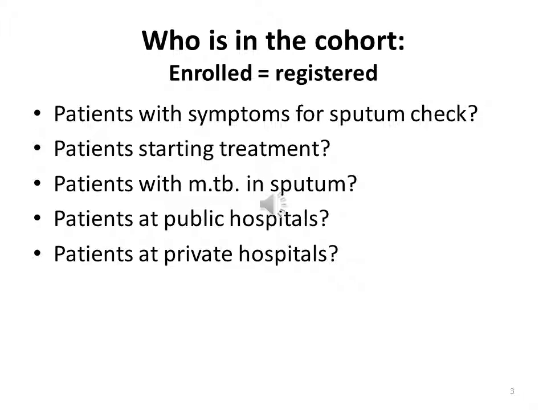Who is enrolled and counted in a cohort analysis? Usually, in tuberculosis programs, the reports are done every quarter and summing it up every calendar year. Chest symptomatics for a laboratory examination will be registered only in the laboratory register.